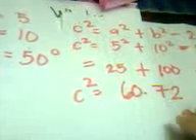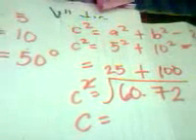This answer is not done, so we have to square root the 60.72 so that the square of C will be cancelled.